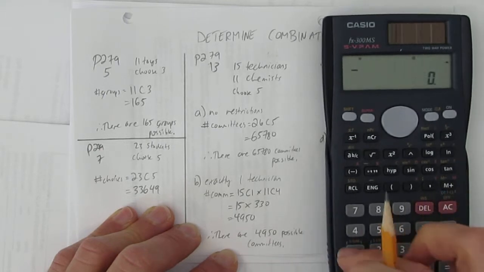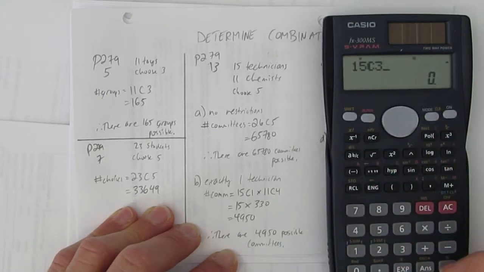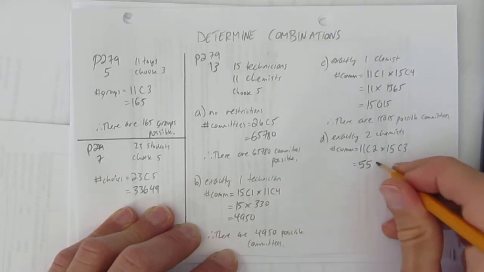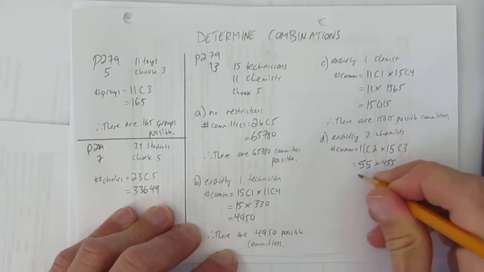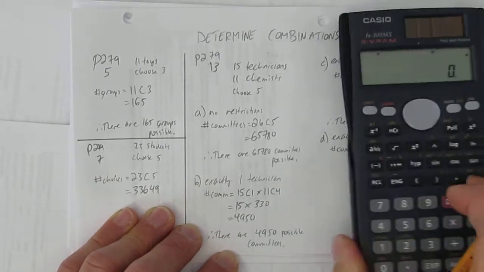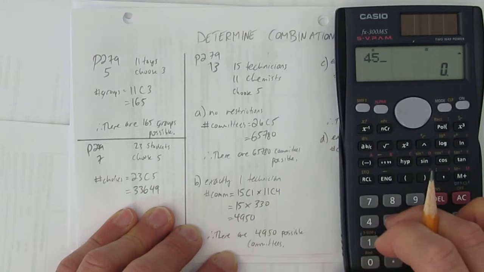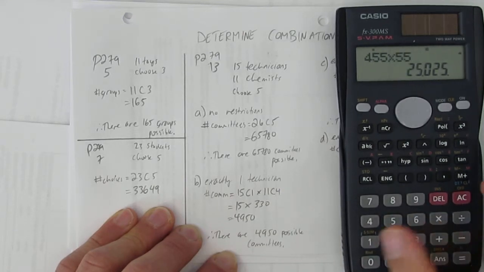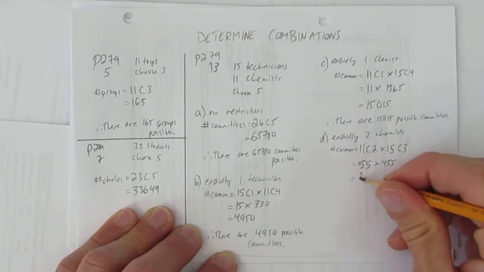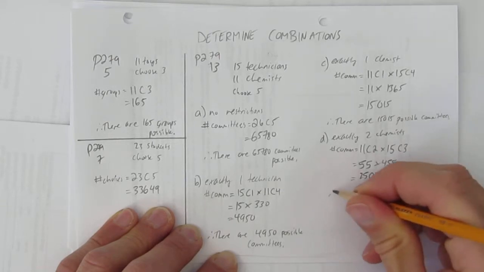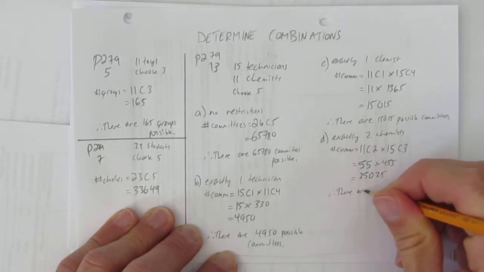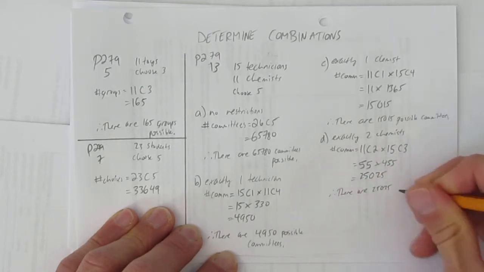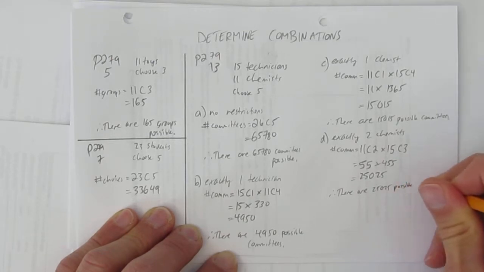What's 15 choose 3, 455. And what's 455 times 55? 25,025. Therefore, there are 25,025 possible committees.